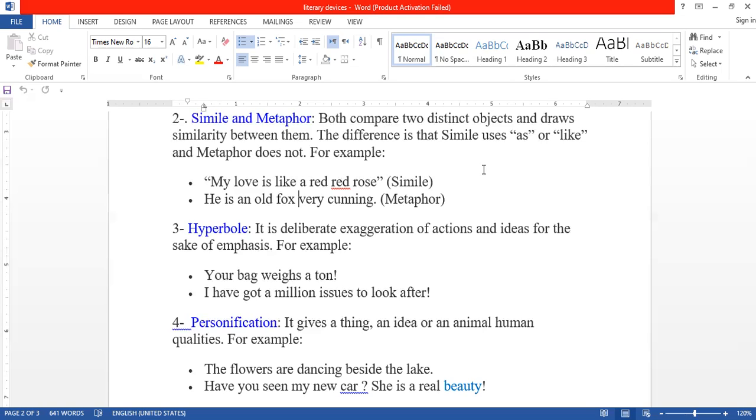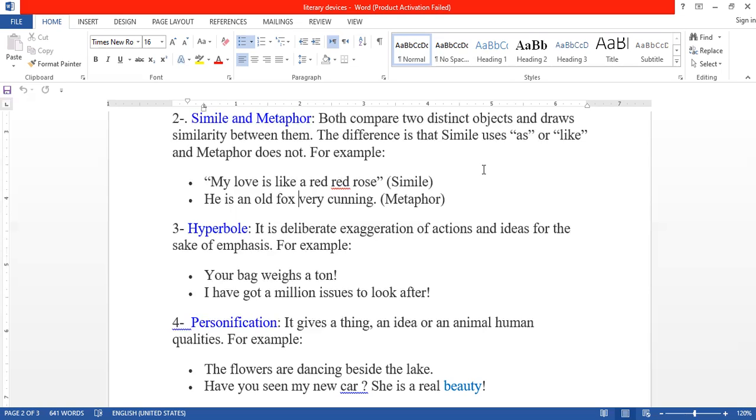What does that mean, exaggeration? It means we exaggerate or we talk about something to a high level. We give it a high extension, a high level of care, for example, or of description.